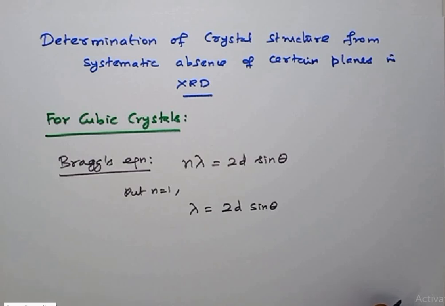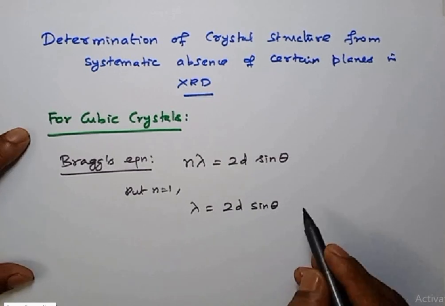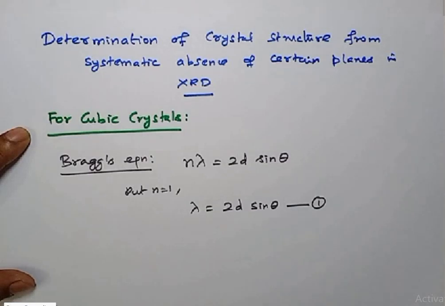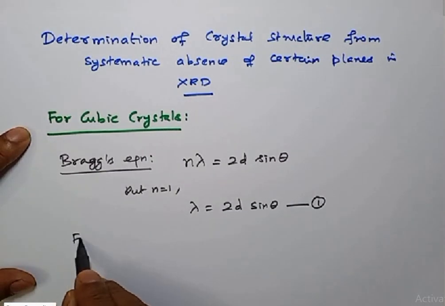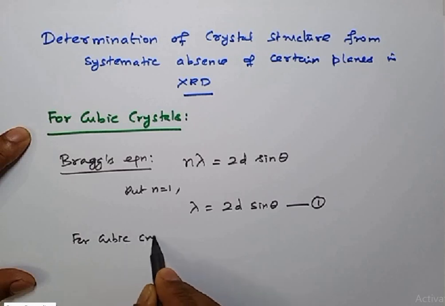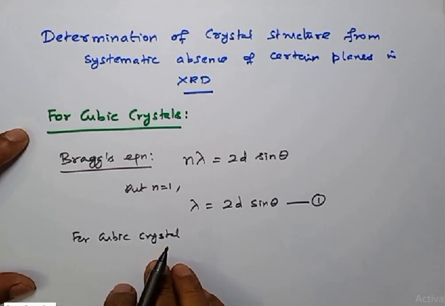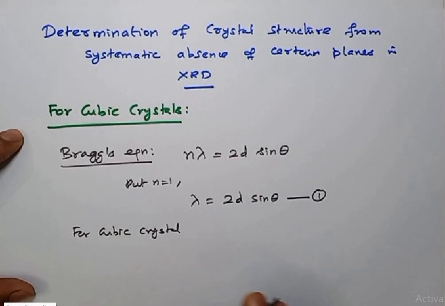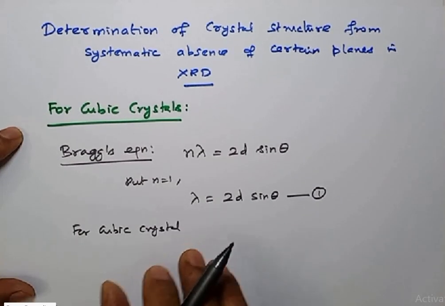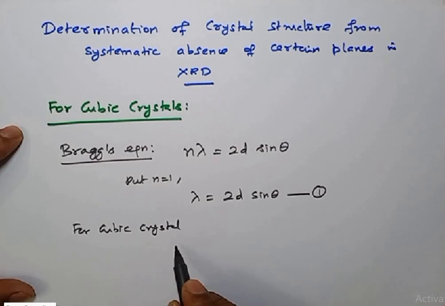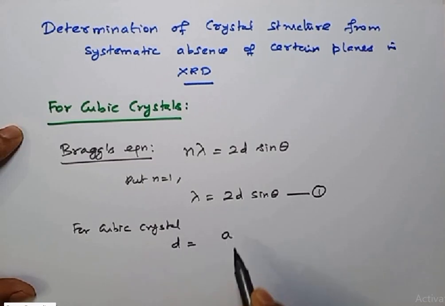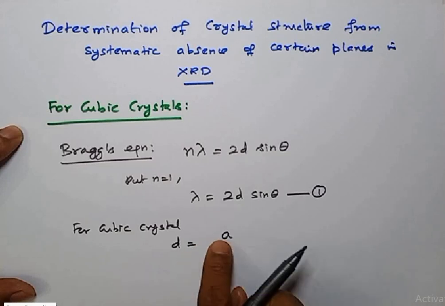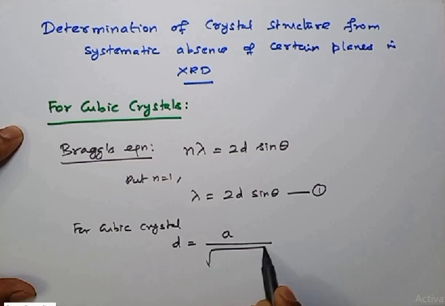Now for cubic crystals, we know very well the interplanar distance. Let me take this as equation number 1, right? For cubic crystals, in general, whether it is simple cubic or body centered cubic or face centered cubic, this is the formula we use. d is equal to a, the edge length or lattice parameter, divided by square root of h square plus k square plus l square.